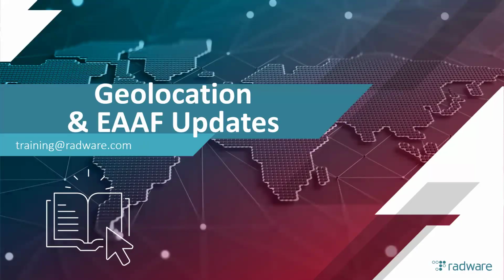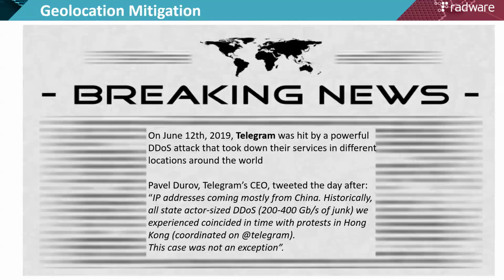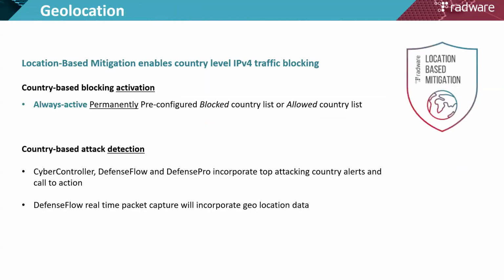Next topic is related to geolocation and ERT active attacker feed databases. Here we are going to look at geolocation-based mitigation. The mitigation is based on the country location. So if any traffic is originating from a certain location, we can certainly block it using the geolocation feature.